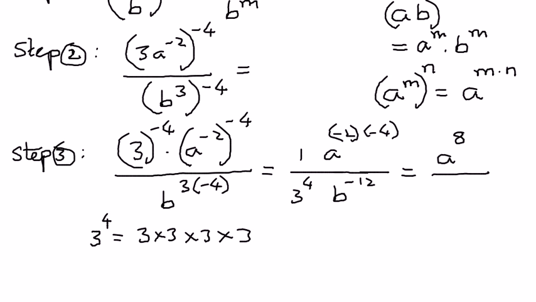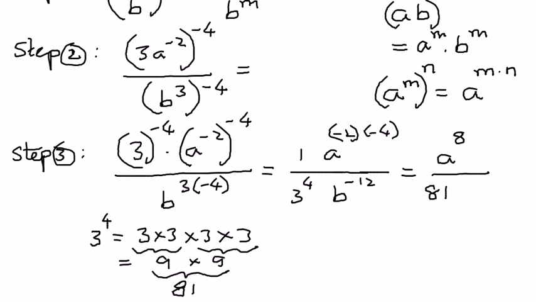The number of times the base term needs to be repeated is given to us in the exponential term, and therefore 3 to the power of 4 can be written out as 3 times 3 times 3 times 3, and therefore when we simplify this, it's going to be 3 times 3 is 9, 3 times 3 is 9, 9 times 9 is 81, and therefore 3 to the power of 4 is equal to 81. We can write that as 81.